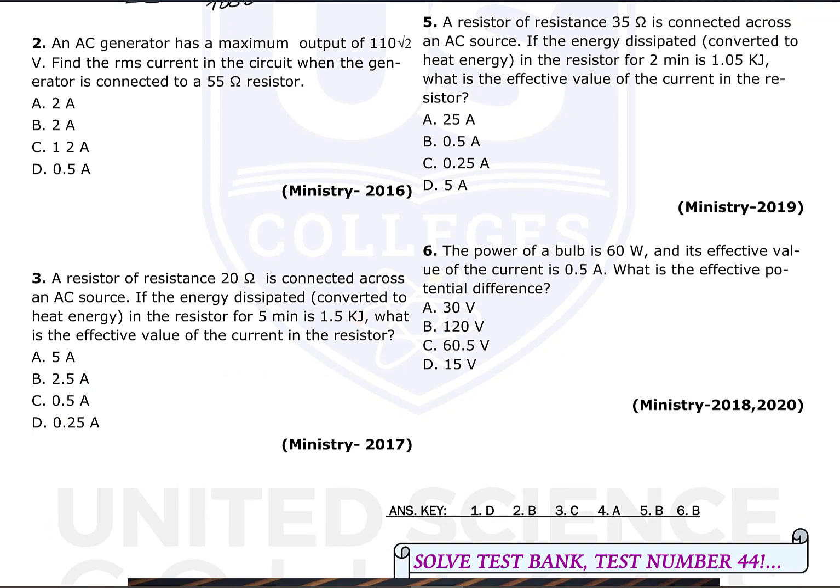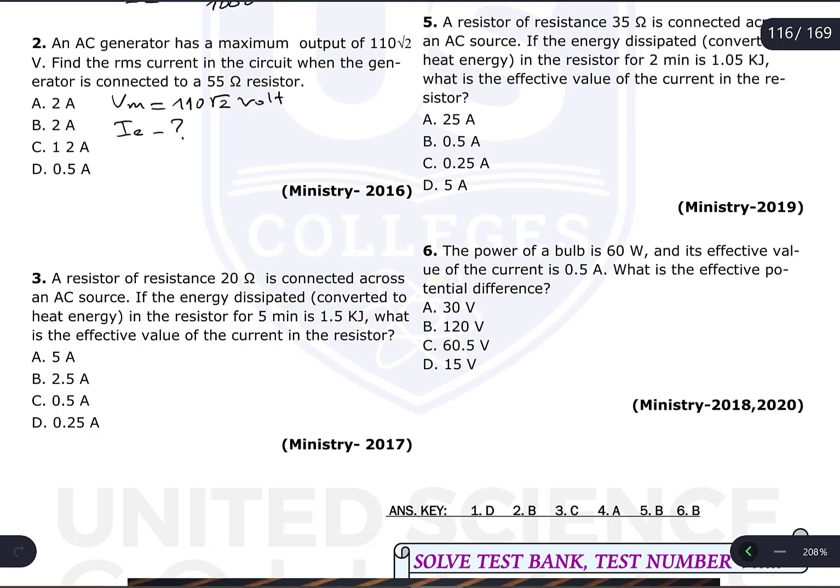Question number 2. An AC generator has a maximum output EMF of 110 root 2 volt. So this is V maximum. Find the RMS current, RMS current meaning effective current, when the generator is connected to a 55 ohm resistor.